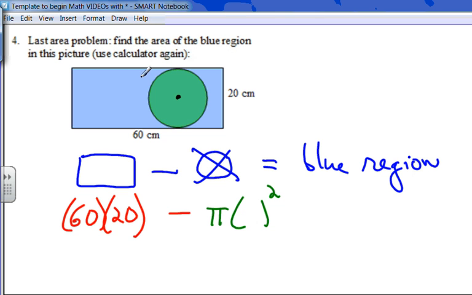So in this picture, the radius has to be 10, since 2 radii is 20.